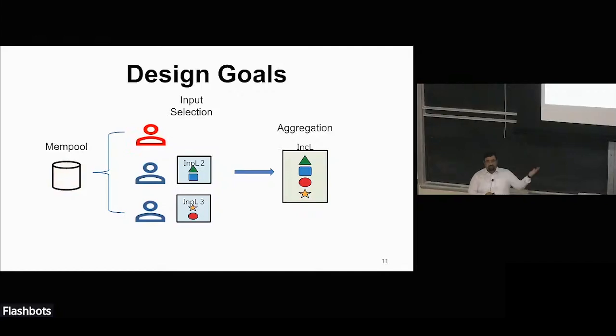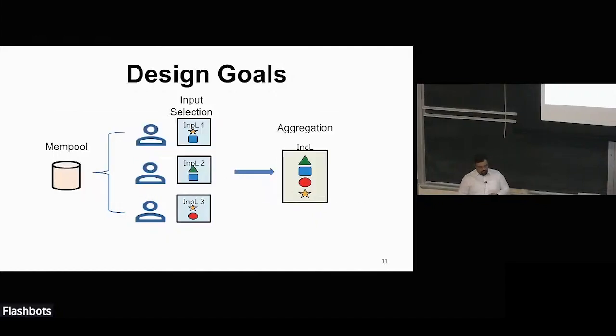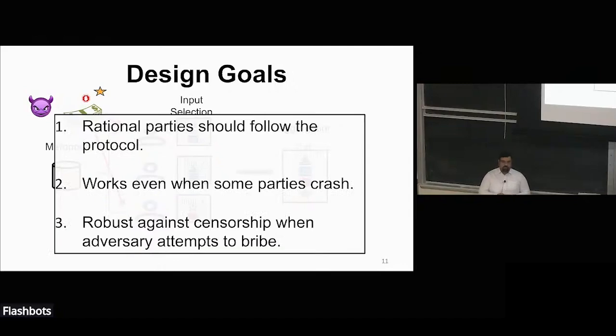Secondly, if some party is unable to participate because it crashes, let's say, then we should still be able to proceed forward, and the inclusion list protocol should not stop. And lastly, it should make it as hard as possible for the adversary to bribe the parties, which would make it robust against censorship.